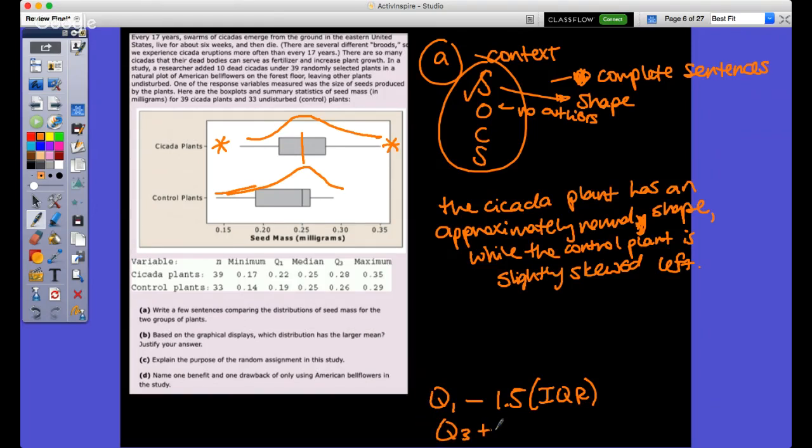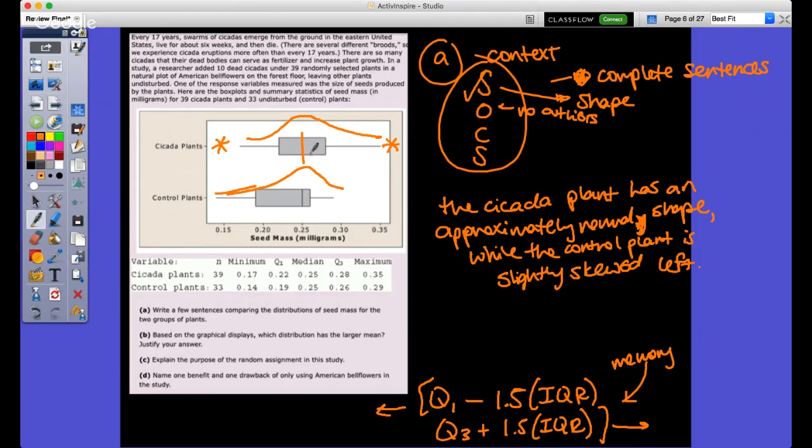And Q3 plus 1.5 times IQR is my right-hand boundary. So anything outside of this range, from the low to the high, would be an outlier, if it's to the left and if it's to the right. That's something you want to put to memory. This is not on my formula sheet. So just a reminder on that.